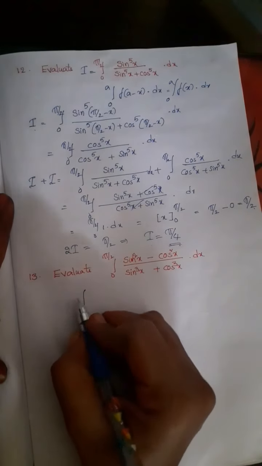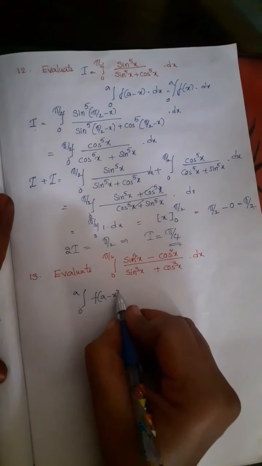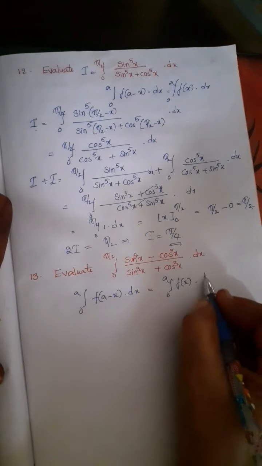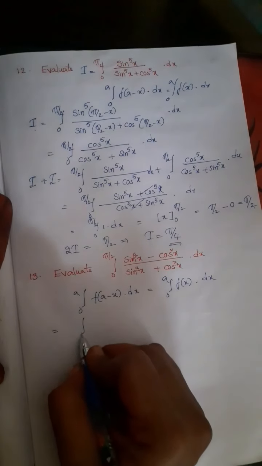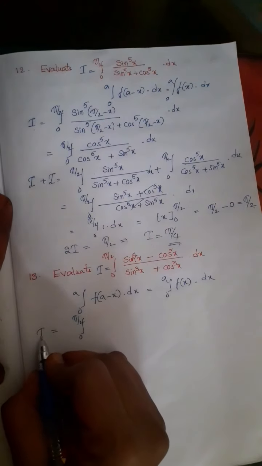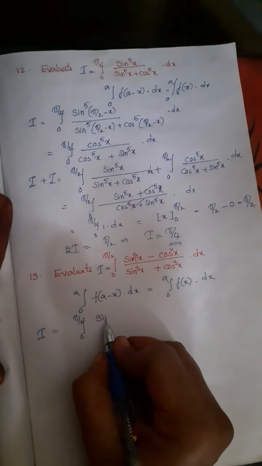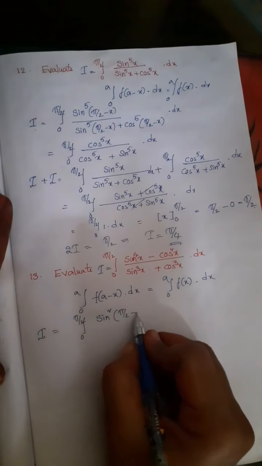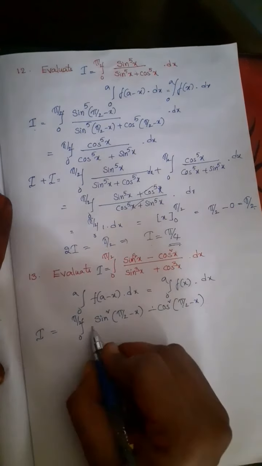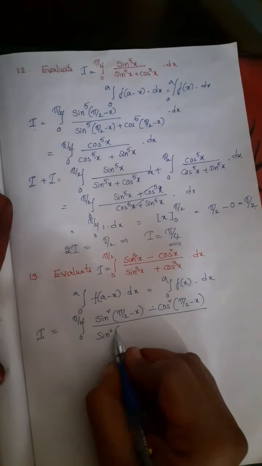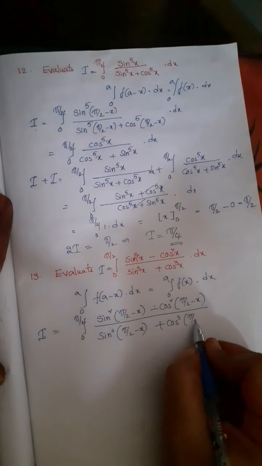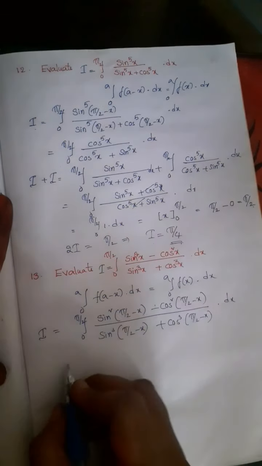Let us apply the formula: the integral 0 to a of f of a minus x dx is equal to the integral over 0 to a of f of x dx. Integration 0 to pi by 2, I am considering the given integration I is equal to sine square pi by 2 minus x minus cos square pi by 2 minus x by sine cube pi by 2 minus x plus cos cube pi by 2 minus x dx.